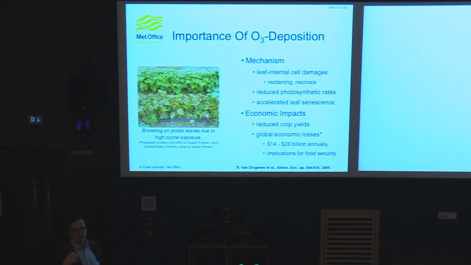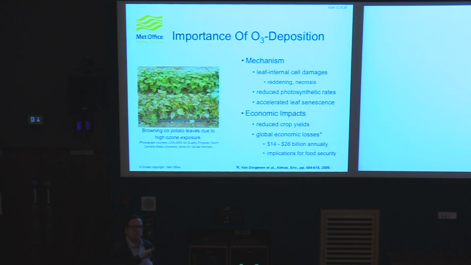They assimilate CO2, they exchange with the surrounding environment, which means they also take up quite a lot of ozone. But ozone is a very reactive molecule, and it is damaging to plants. So what happens is, even though it's good for us that plants remove ozone, they are damaged.